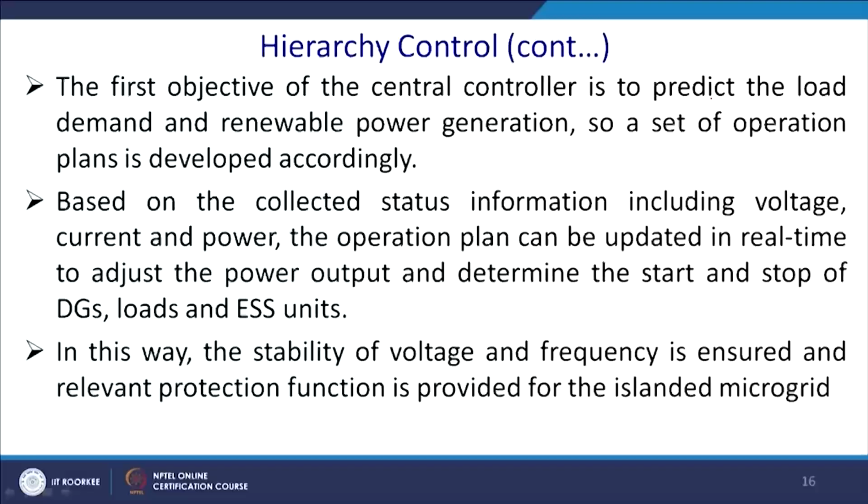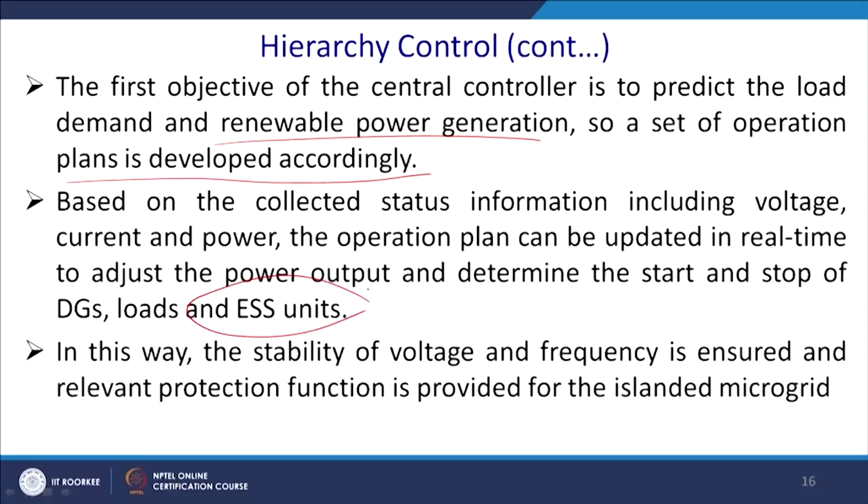So, let us understand how it works. The first objective of the central controller is to predict the load demand and the renewable power generation. So, a set of operation plans is divided accordingly. Based on the collected status information including the voltage, current and the power, the operation plan can be updated in real time to adjust the power output and determine the start and the stop of DGs and the loads and the ESS unit.